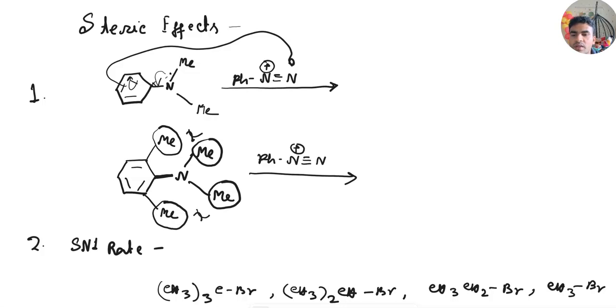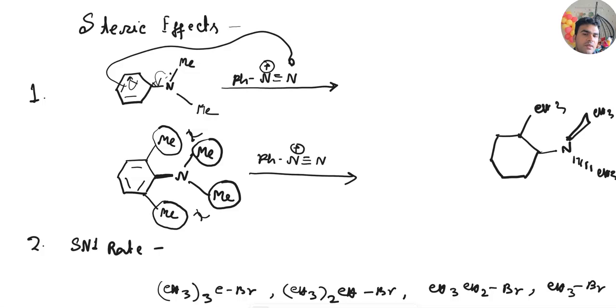So it will rotate, and one methyl group will go above the plane and the other methyl group will go below the plane of the benzene ring.